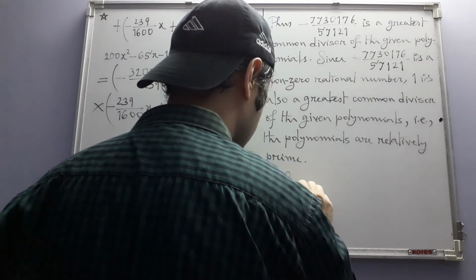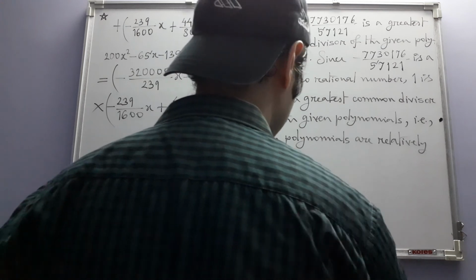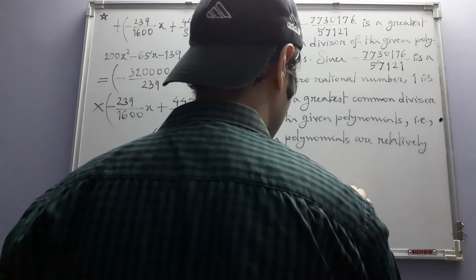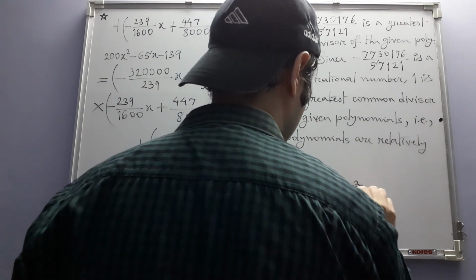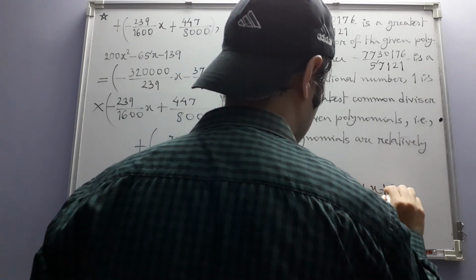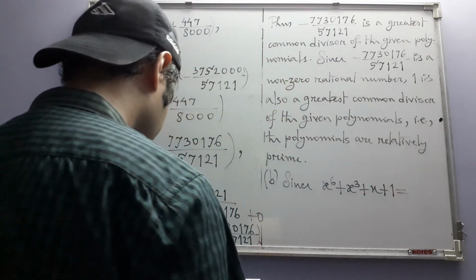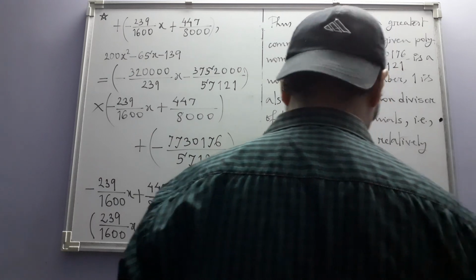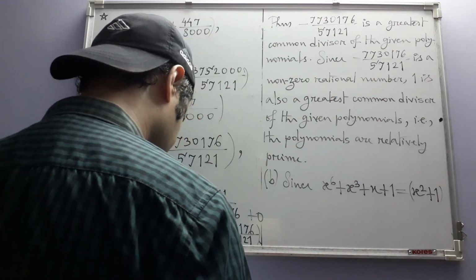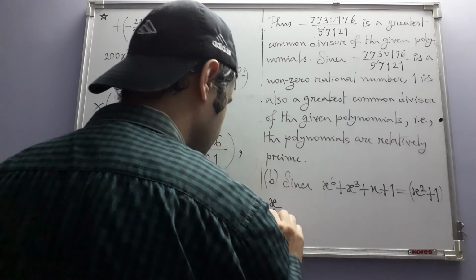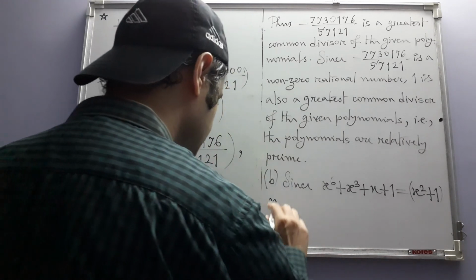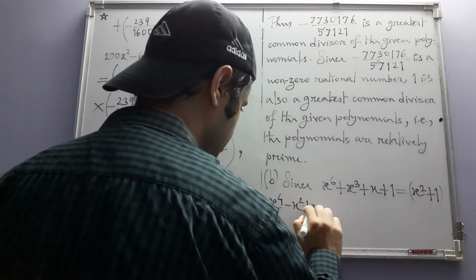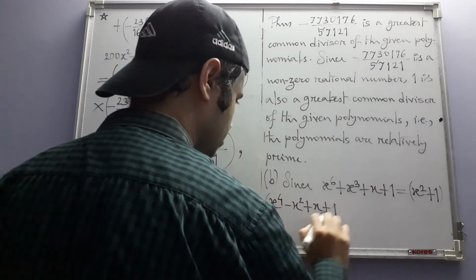So here one of the polynomials is divisible by the other. The other polynomial is x square plus 1, and one can verify that this is equal to x square plus 1 times x to the power 4 minus x square plus x plus 1.